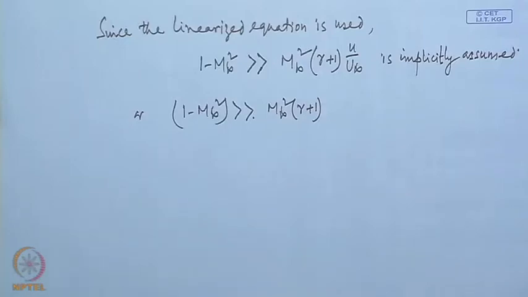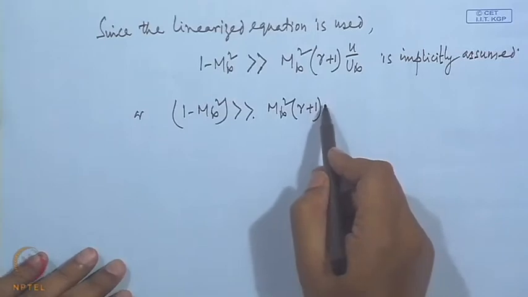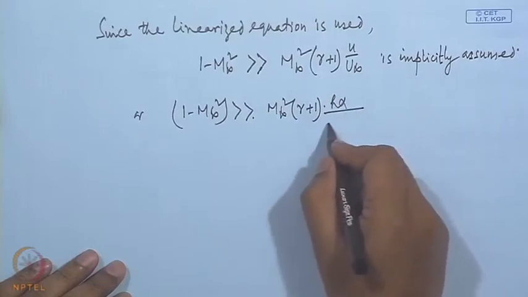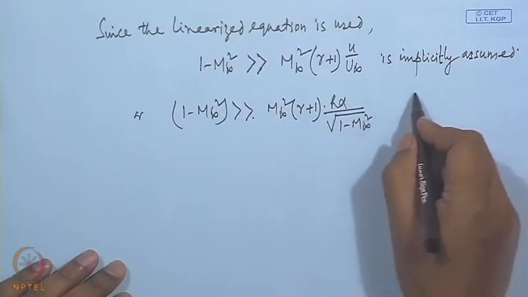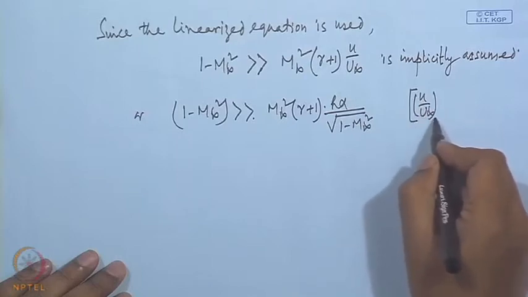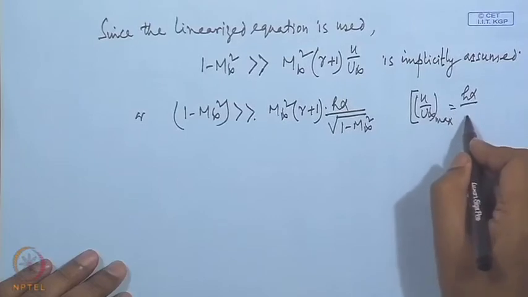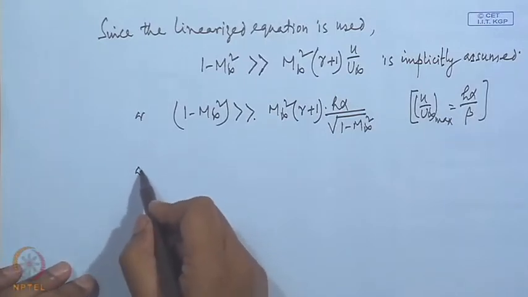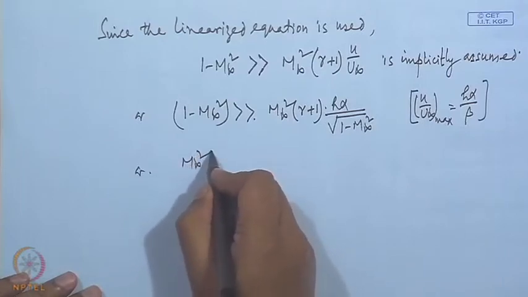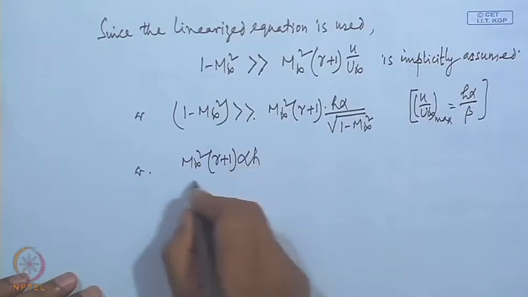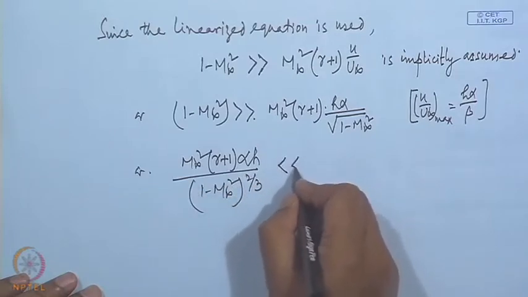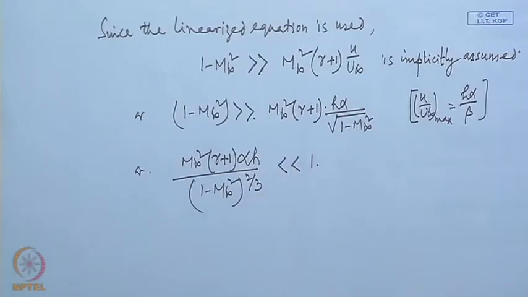The largest possible value for u by u infinity is h alpha by beta, or what we have is M infinity square into gamma plus 1 alpha h by 1 minus M infinity square to the power 2 by 3 is much less than 1. So, we have implicitly assumed this.